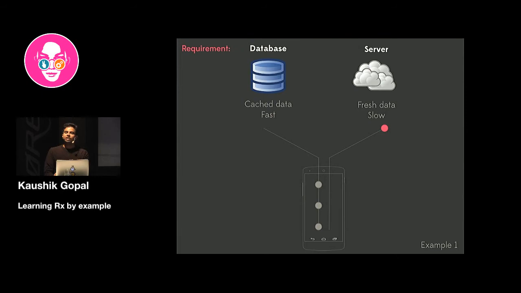But the only problem with having the results purely in the local database is that they tend to be stale, right? For example, if you have a backend server, as is typical for most people who develop mobile applications, the most fresh form of data, or the newest form of data, is available in a backend server. So typically what you also want to do is execute a network request.